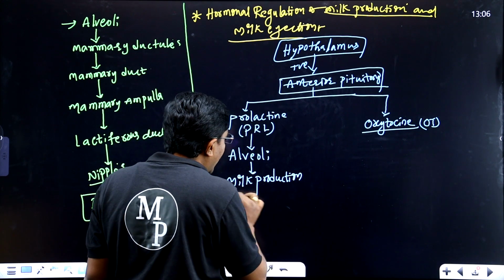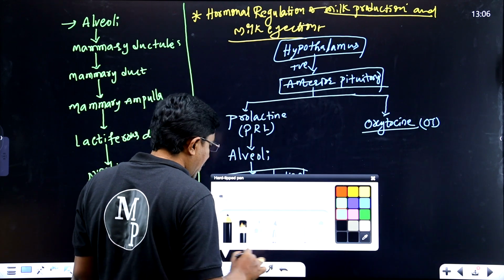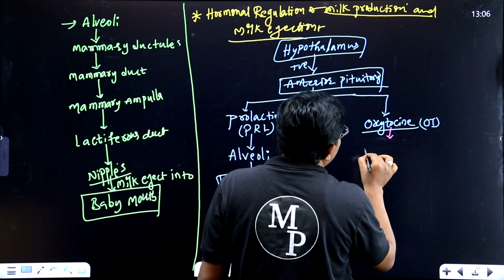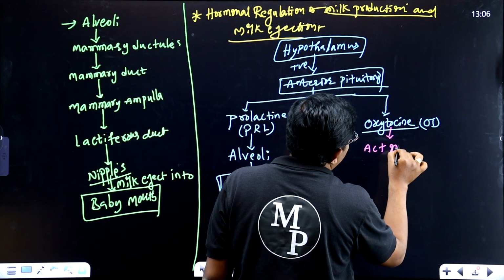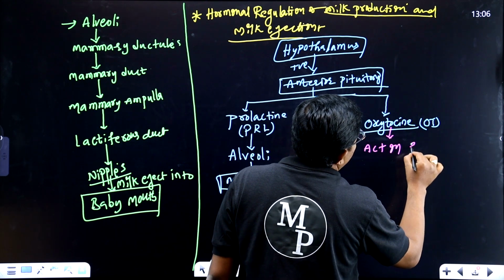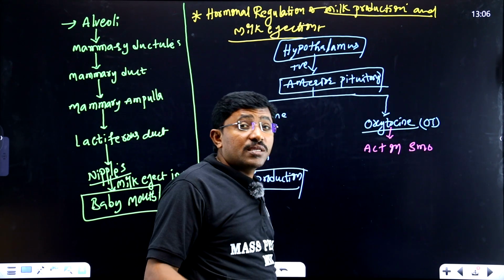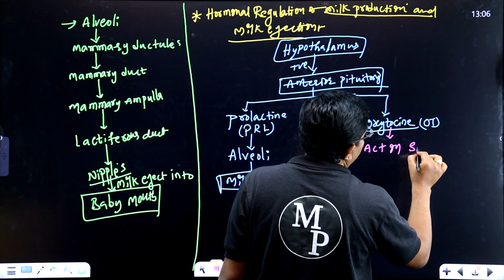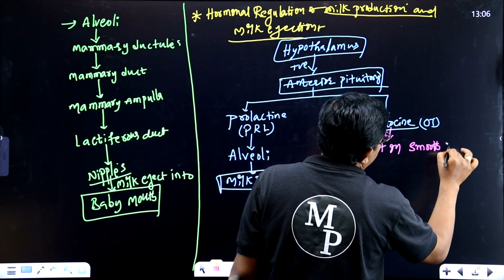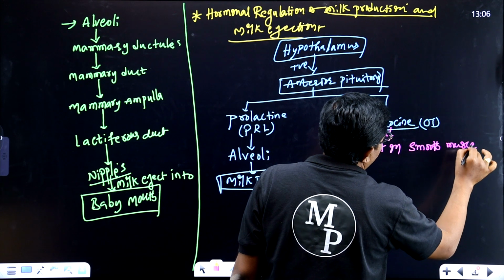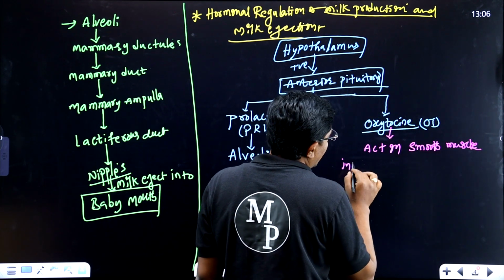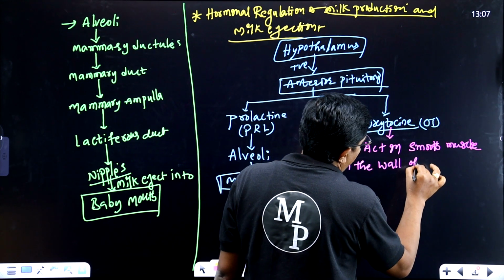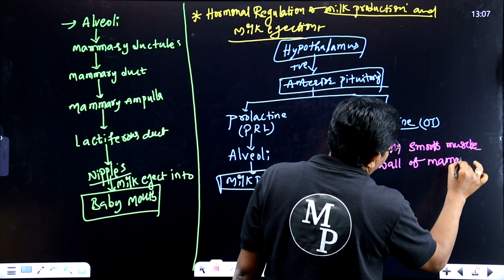After the milk is produced in the alveoli, oxytocin acts on the smooth muscles in the wall of the mammary duct.